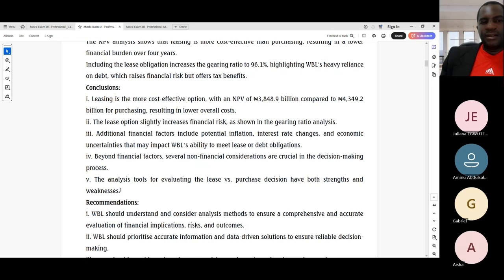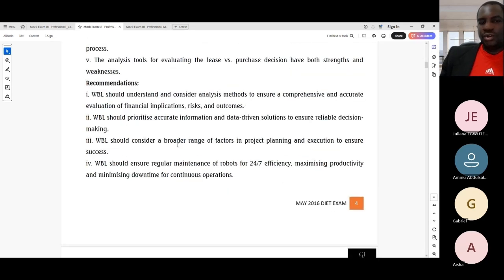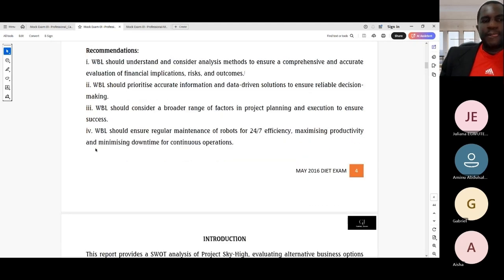So you have concluded and you summarize your recommendation. Number 1, the bank should understand and consider analysis methods to ensure comprehensive, accurate evaluation of financial implications, risks, and outcomes. Number 2, they should prioritize accurate information and data-driven solutions. Number 3, they should consider broader range of factors in project planning and execution. And number 4, the bank should ensure regular maintenance of robots.